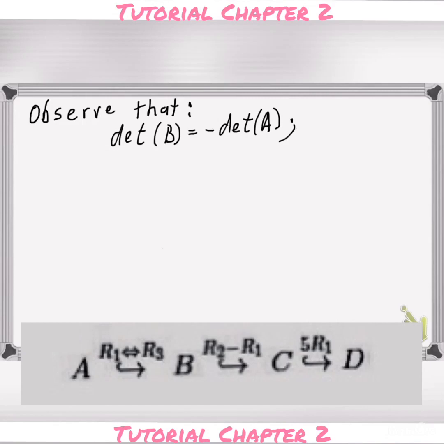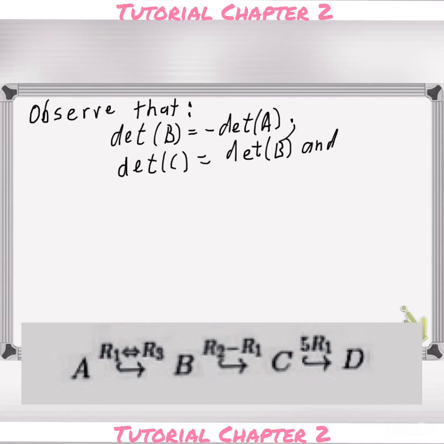So therefore the determinant of C is equal to the determinant of B. Remember, it does nothing if you add a multiple of one row to another. And we have the last one.